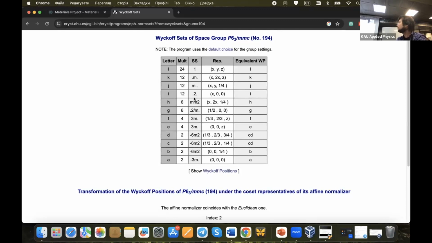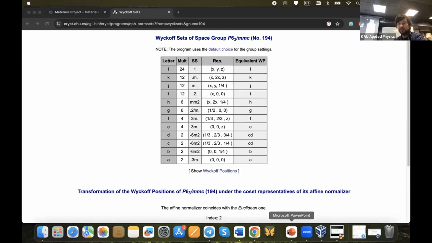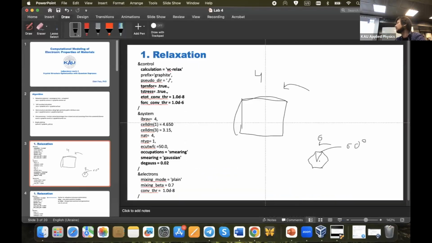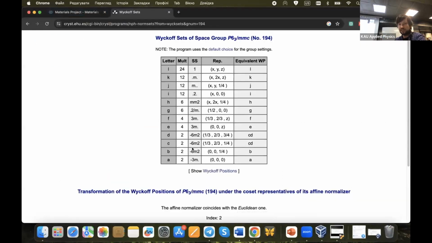And what are Wyckoff sets? It's when we apply some symmetry operation and we have the same structure. That's the idea. We apply the symmetry operation and we get the same structure, as we can rotate this hexagonal 6 times, and we will get this structure. That's why here we see 6.